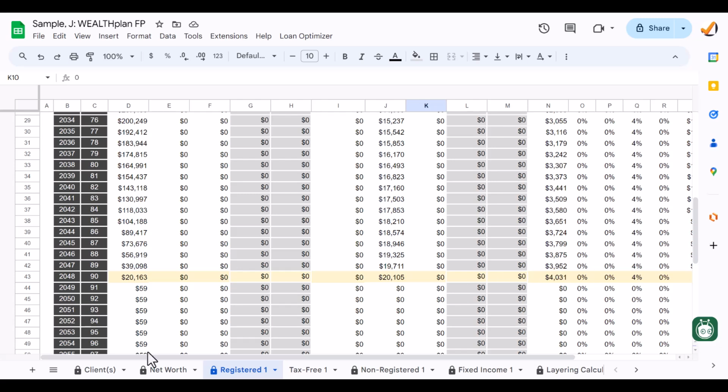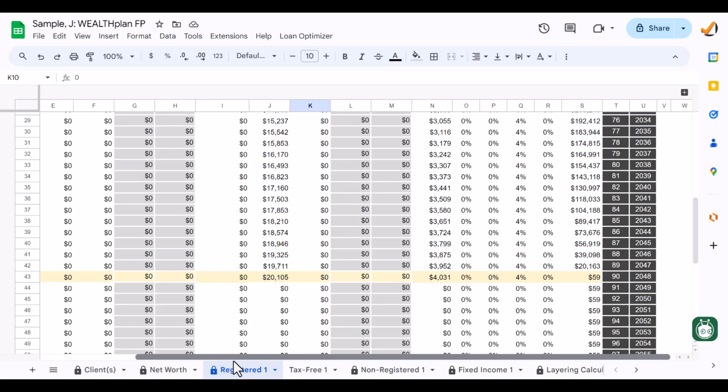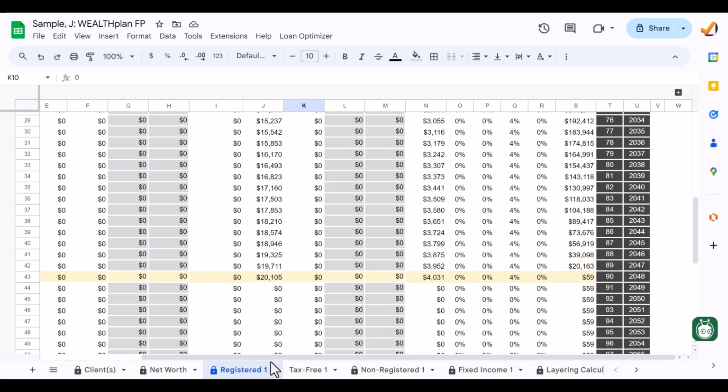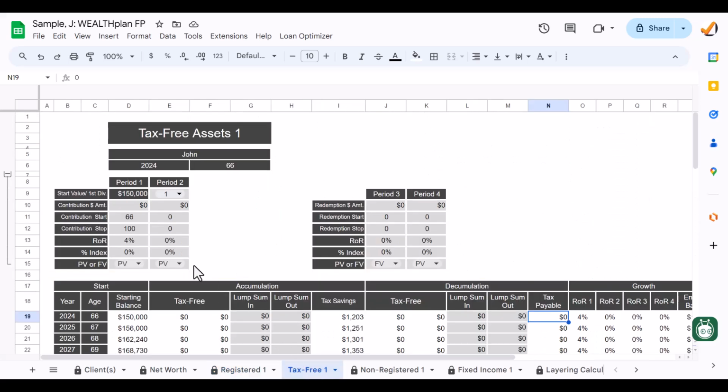The best tax outcome would be to average that out. And so we've done that. If we look at the result, you can see at the age of 90, he's left with just $59 in his RRSP. In order for us to do that, he's going to take $12,500 a year from his RRSP.